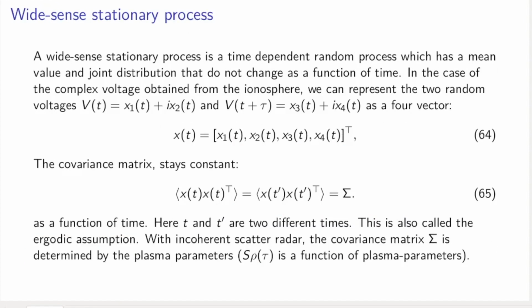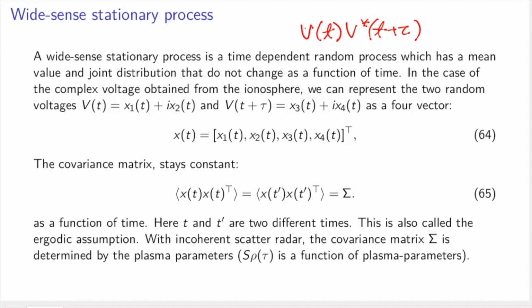When making measurements of the autocorrelation function of the scattered complex voltage V of t, we rely on time stationarity of the joint distribution. This is because the only way that we can make multiple independent measurements of complex voltage is by sending out multiple radar pulses as a function of time and averaging the lag product V of t times conjugate of V of t plus tau.